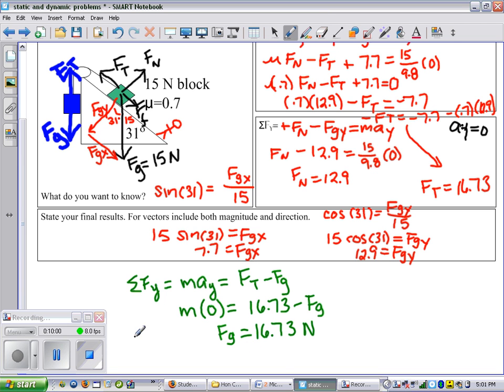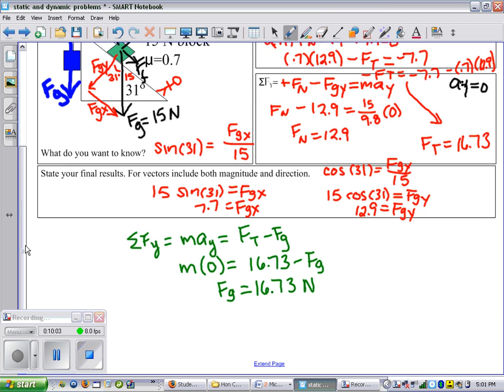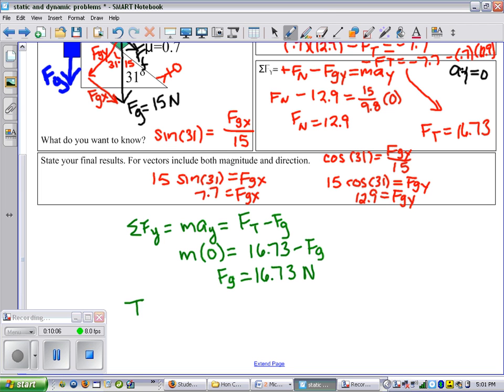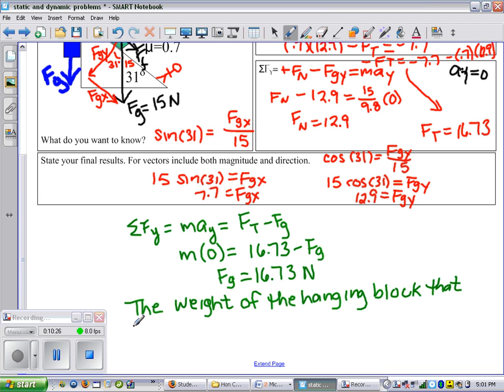And that is the weight, because newtons is weight, of the hanging block that will hold the sliding block in place.